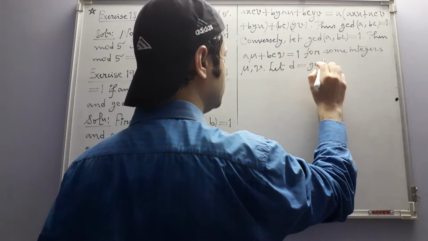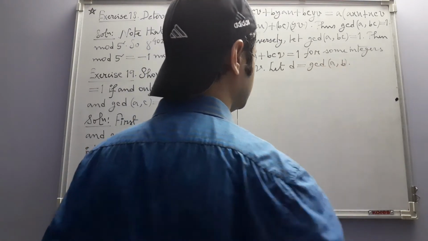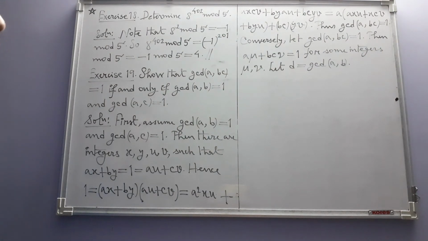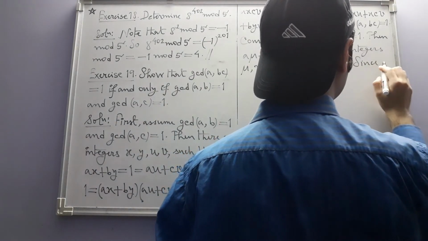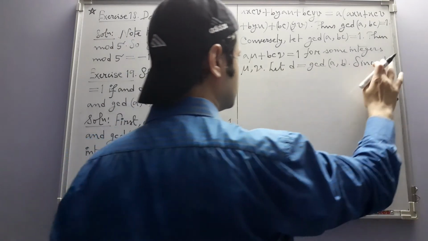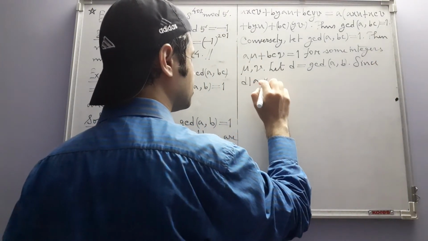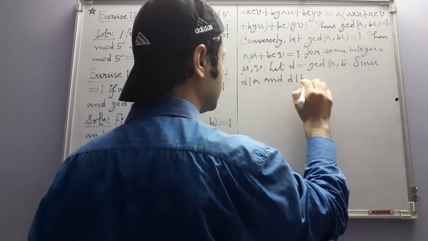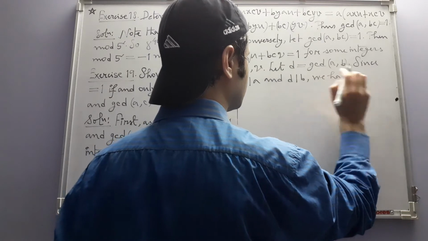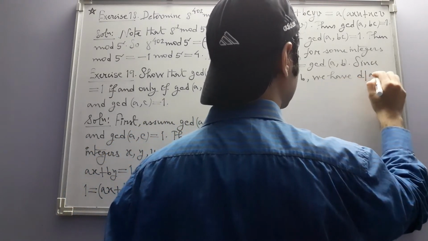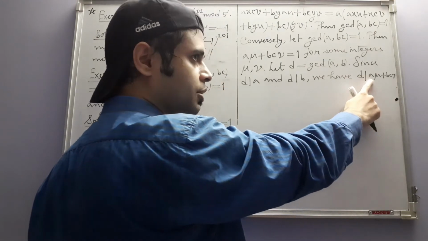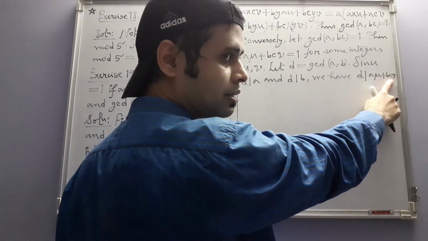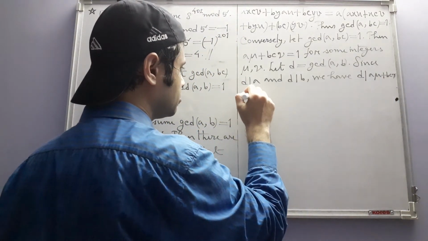Let D be the GCD of A and B. That means D is the greatest common divisor of A and B. Since D is a common divisor of A and B, D divides both A and B. Since D divides A and D divides B, we have D divides A mu plus BC nu, because D is dividing the first term because it divides A, and D is dividing the second term because it divides B, and this is equal to 1.